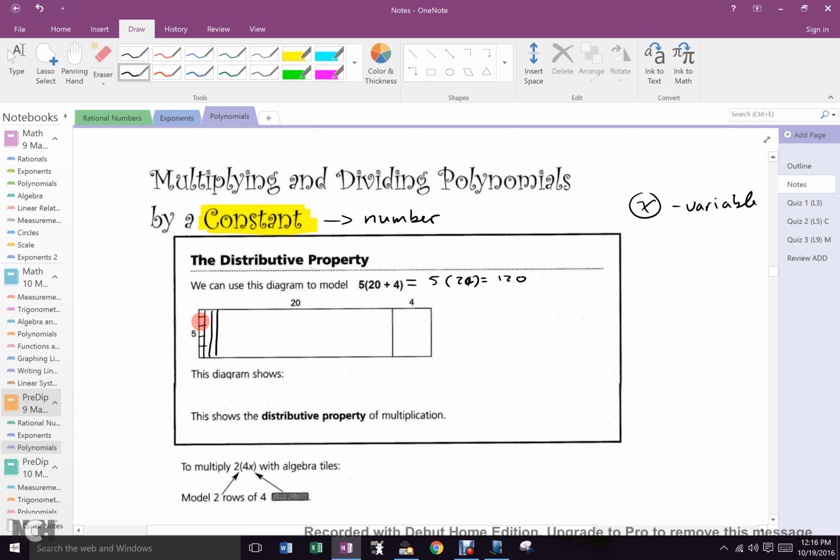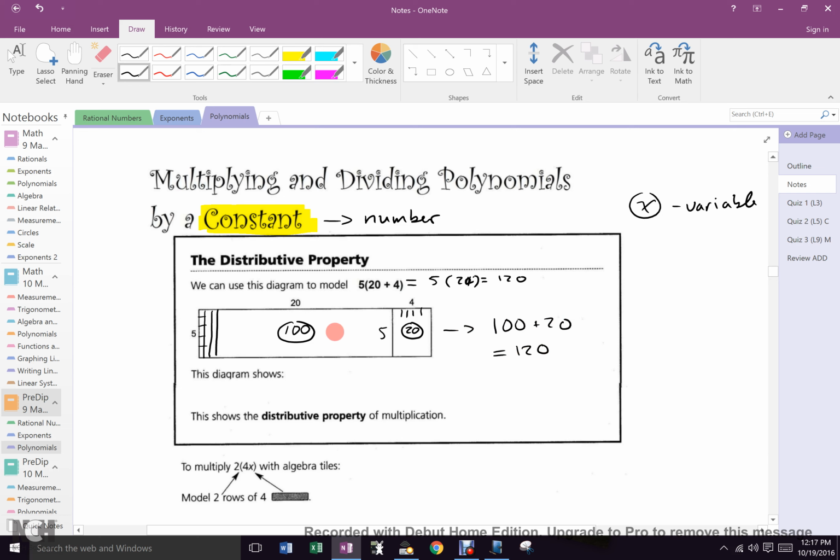So I have a group of 5 repeated 20 times to give me 100. And here I have a group of 5 repeated 4 times to give me 20 chunks. And that gives me 100 here plus 20 for a total of 120.